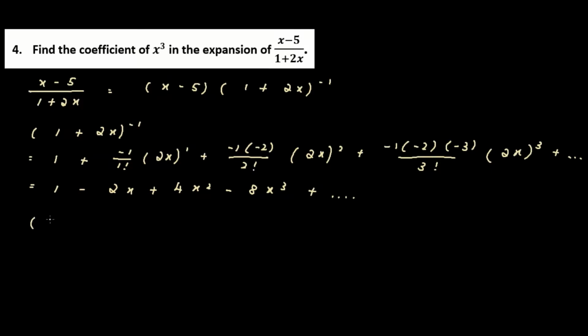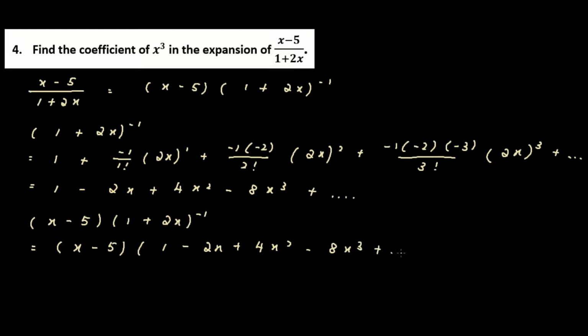So we have x minus 5 times 1 plus 2x to the power of -1. So x minus 5, then we can substitute the expansion that we have found here: 1 minus 2x plus 4x squared minus 8x cubed, and so on.